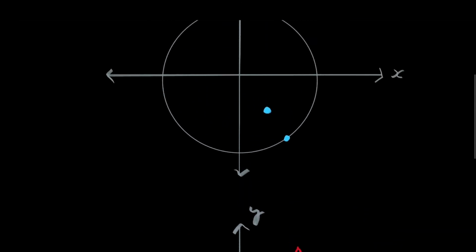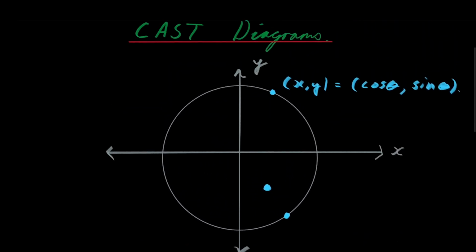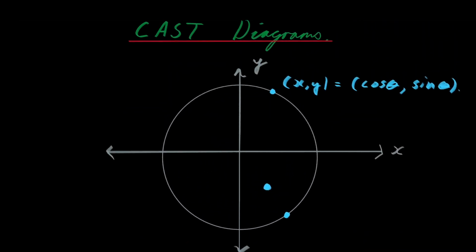Well, in this quadrant here, we are dealing with negative x values because we are to the left of 0 on the x-axis, but we are upwards from 0 on the y-axis, so we are dealing with positive y values. That means that cosine of theta is going to be negative in this quadrant, and the sine of theta is going to be positive.